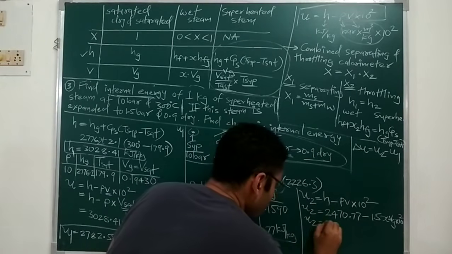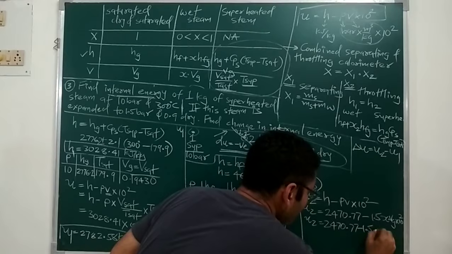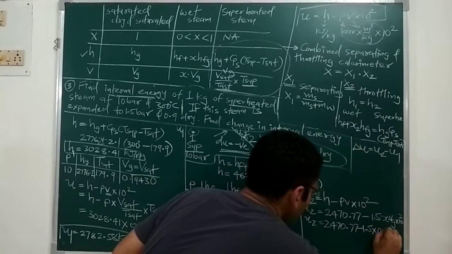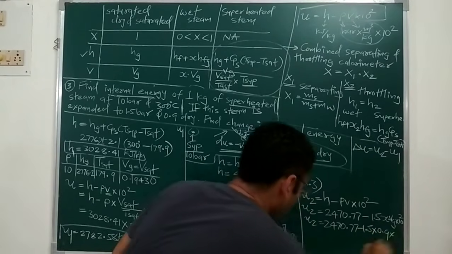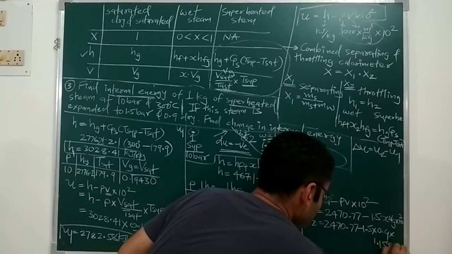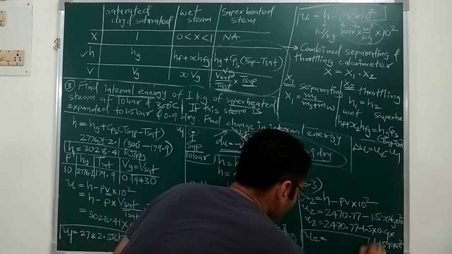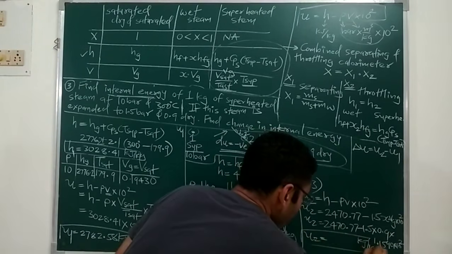So U2 is equal to how much? 2470.77 minus 1.5 into x, which is 0.9, into Vg, which is 1.1590, into 10 raised to 2. So the value of U2 you will get in kilojoule per kg.